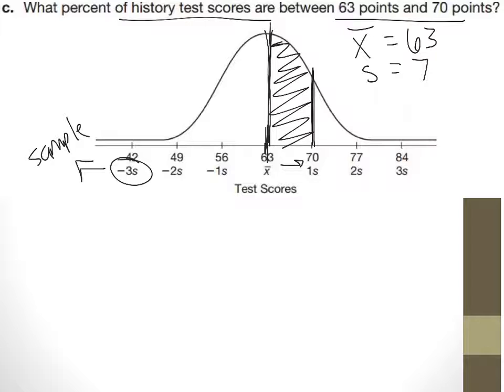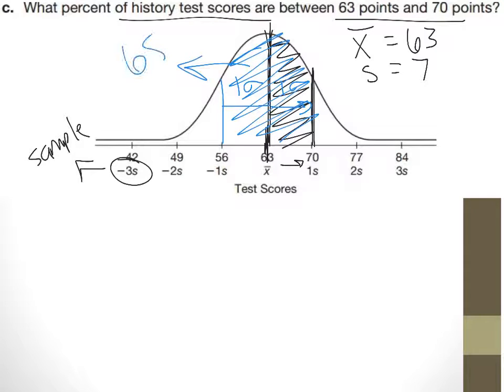Okay, so this should be easy enough, because if you remember, if I go one standard deviation this way and one standard deviation this way, okay, that should contain, so all of this should contain 68% of our data.